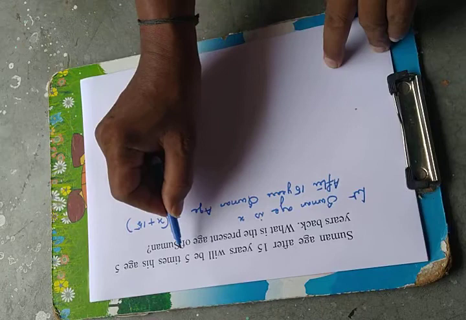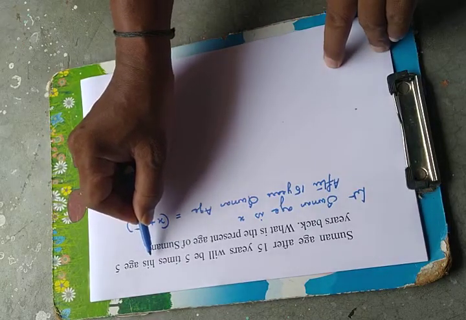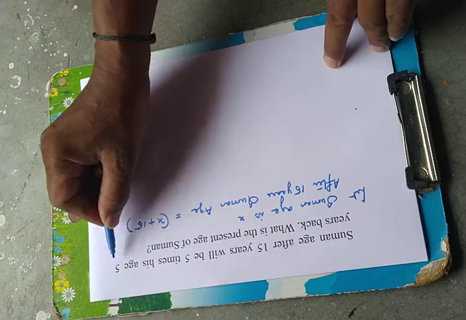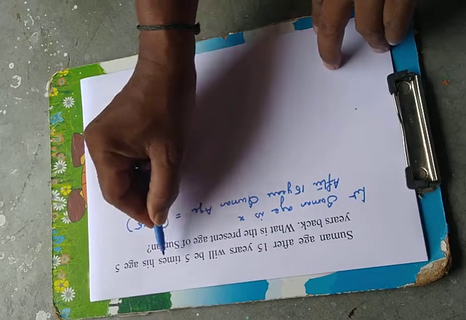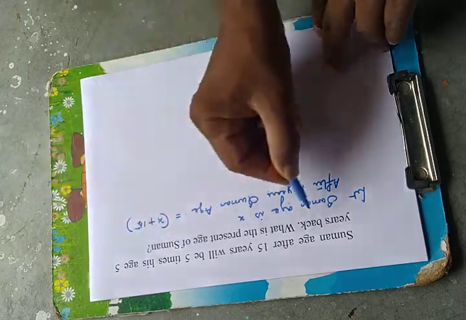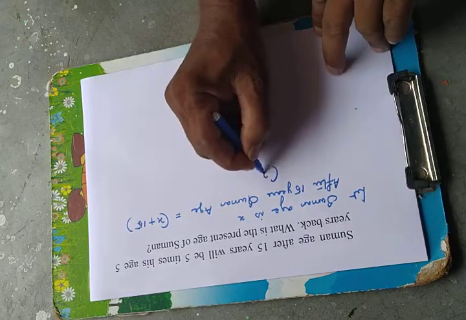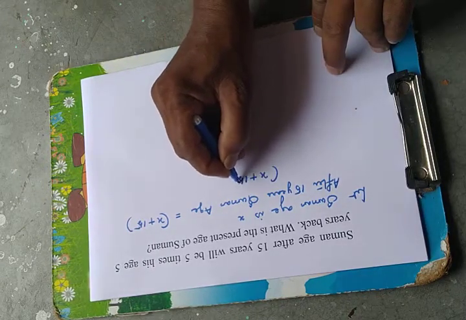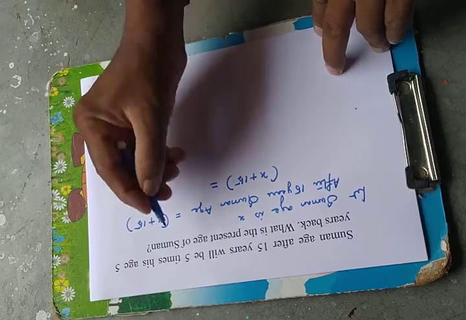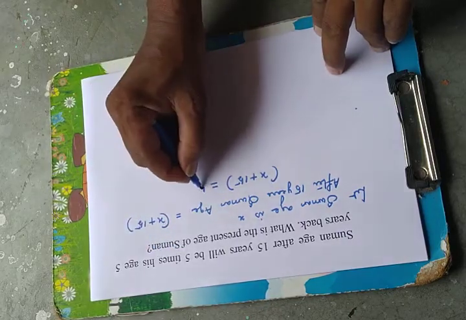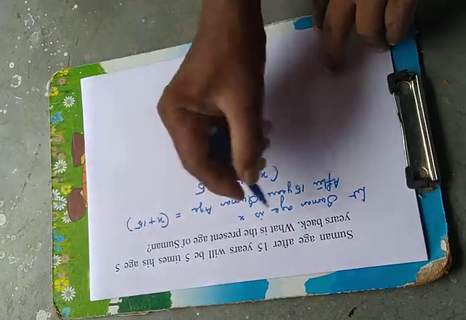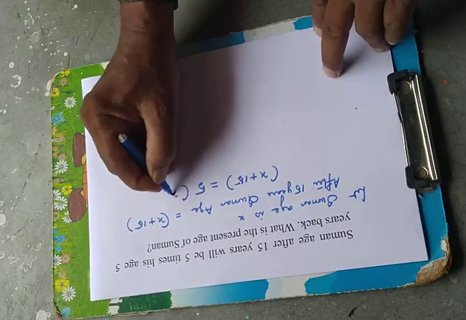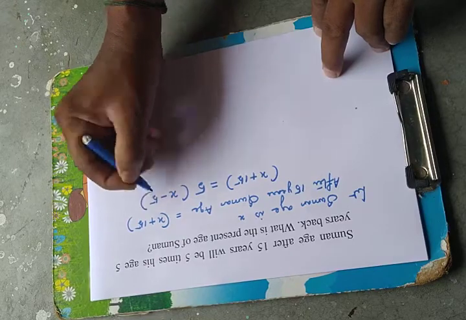Now that will be equal to 5 times his age 5 years back. That indicates x plus 15 will be equal to 5 times his age 5 years back. 5 years back means what has to come? x minus 5.